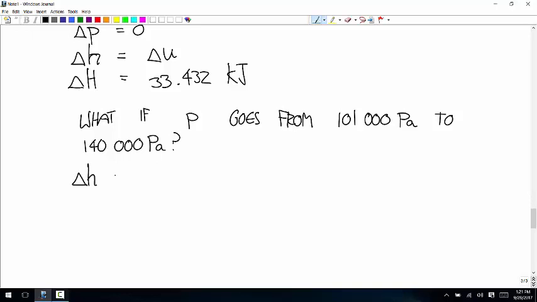Then the change in enthalpy is equal to the change in specific internal energy plus V times the change in pressure. The specific volume is the volume of this liquid water per kilogram, and we're going to make that equal to 1.00 cubic meters per kilogram.